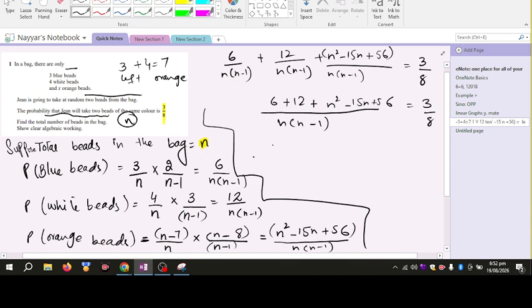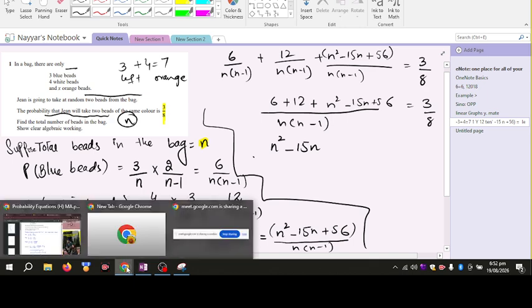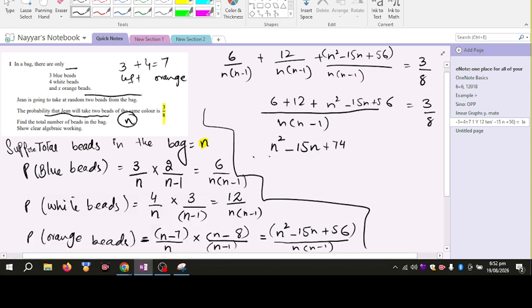We are going to write it in the form of a quadratic equation, n square minus 15n, and now we solve the like terms together, which are 6, 12 and 56. Add up 6, 12 and 56, what will you get? 74. In the denominator we have n times n minus 1, equal to 3 by 8. Now we can just multiply them. So n square minus 15n plus 74 upon n square minus n is equal to 3 by 8.